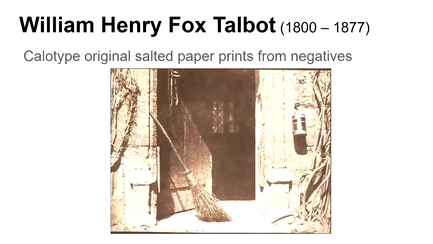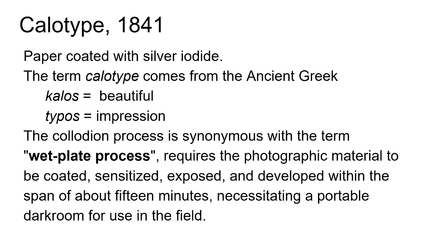Until this guy, William Fox Talbot, created a different version, which was ironic because he was doing this at the same time the daguerreotype was happening. This was in the late 1830s. Now the difference with what Talbot was doing was that he was creating a paper, basically putting a salt and silver mixture on paper, and doing basically the same process that Daguerre was using, but the image that was etched in was in reverse.